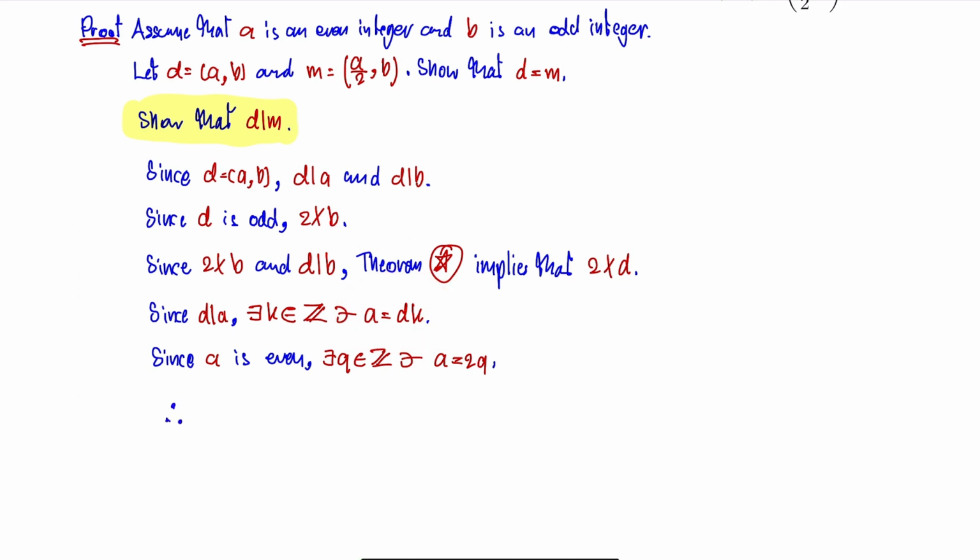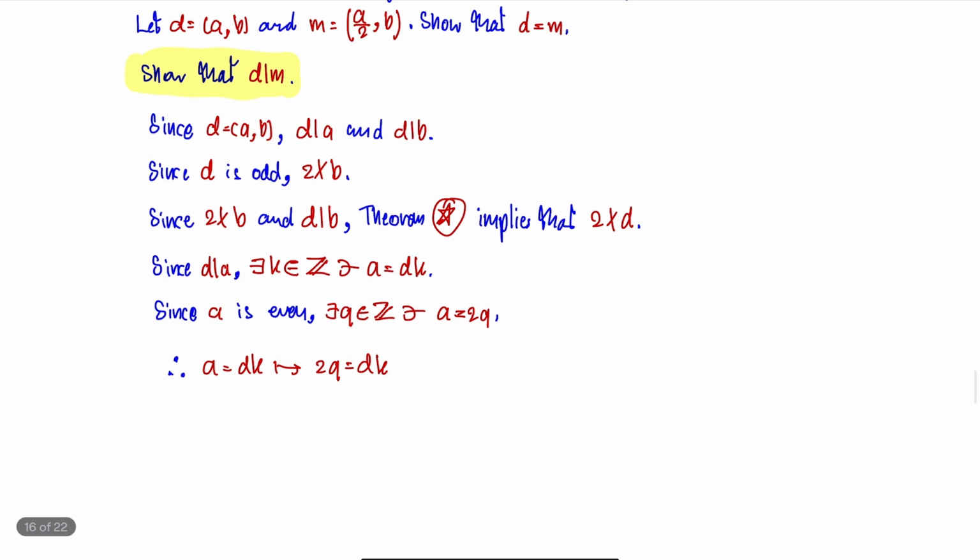So what happened to this equation? a equals dk becomes this equation: 2q equals dk. And we have that 2 does not divide d. So what do we have right now?